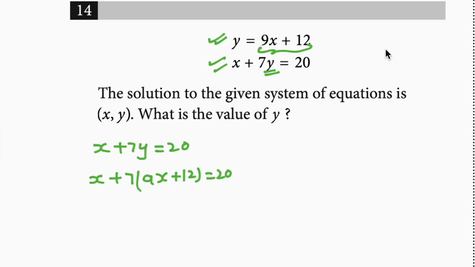Now what mistake can we make here? We can write x plus 7 and, oh, we forgot the parenthesis. And here everything will go wrong. So don't forget to put the parenthesis over here.